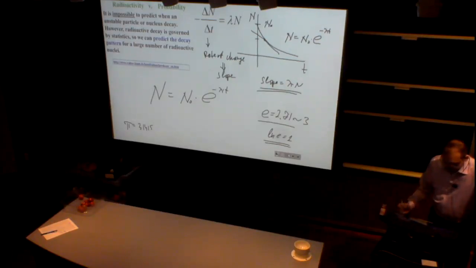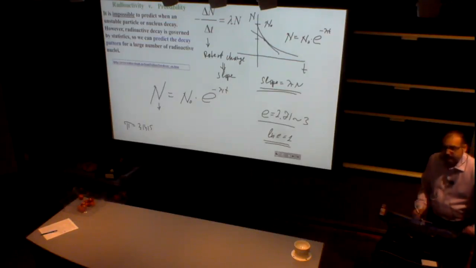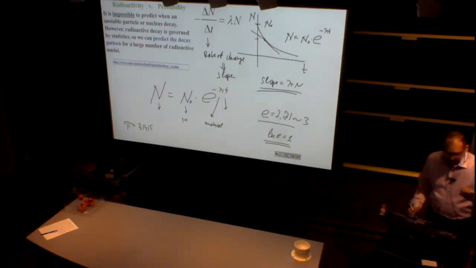So this graph tells us how to calculate how many radioactive elements remain after a certain period of time if we start from the initial number and the material is described by this specific decay constant.